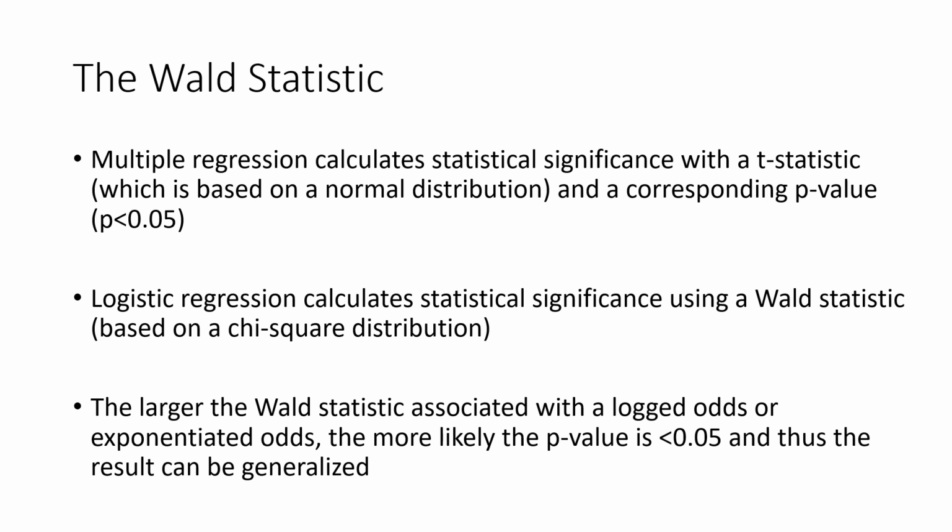And the way we would interpret a Wald statistic is that as the Wald statistic gets larger as a value, associated with a particular relationship between x and y, the more likely that the p-value associated with that relationship is less than 0.05. And you'll recall that a p-value that's less than 0.05 suggests that the result that we found within our sample can be reasonably confidently generalized to the wider population.